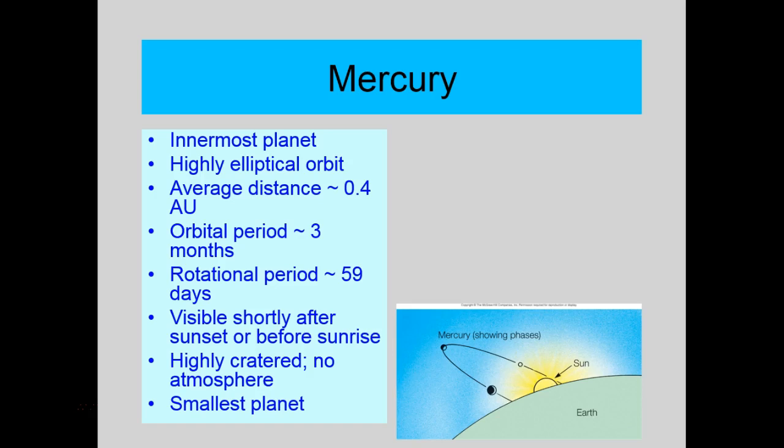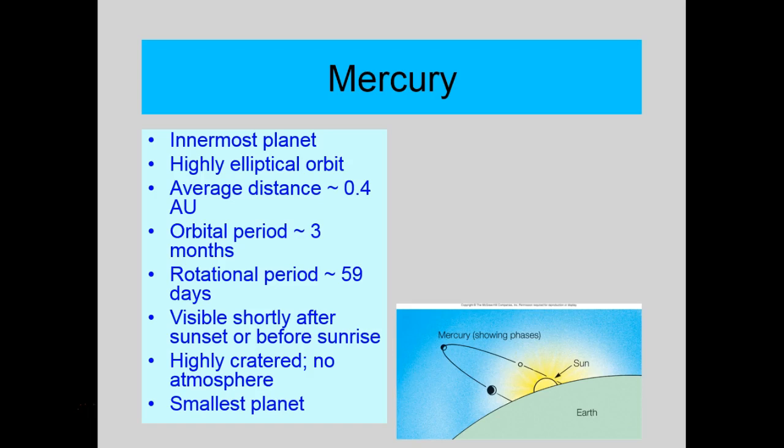But when it's just beginning its gibbous waxing phase, a little bit more than half a planet showing, that's when it'll be most visible, but it's sort of far away. When it's closest to us, we only get a little sliver of it, a crescent Mercury. We'll talk about that in the next chapter.